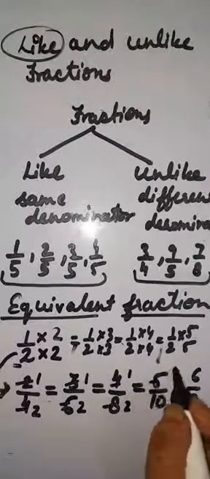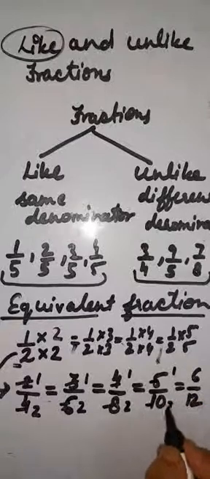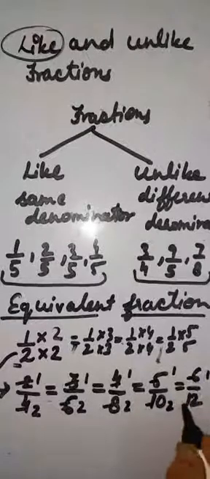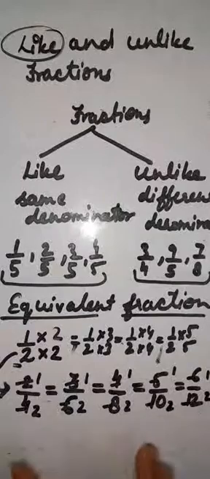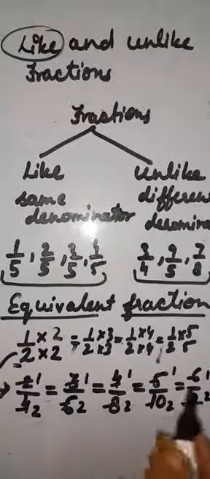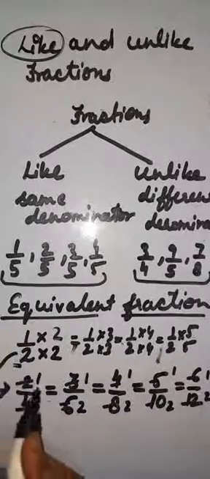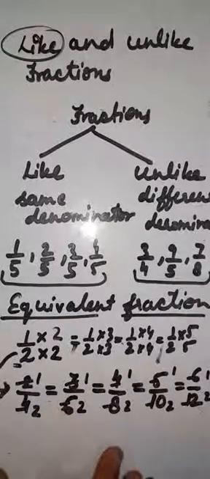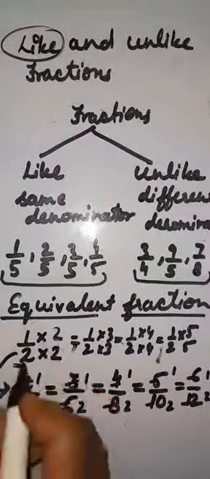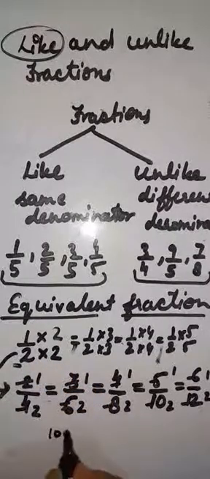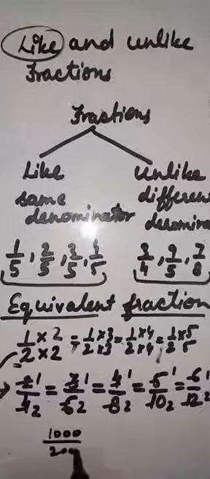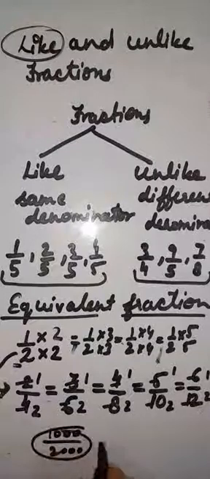Now 5 ones are 5, 5 twos are 10. 6 ones are 6, 6 twos are 12. So these are the equivalent fractions, and if you reduce them, your answer will be the same, 1 out of 2. All of these are 1 out of 2. An equivalent fraction of 1 out of 2 is 1000 out of 2000 also. If you reduce it, you will get the answer 1 out of 2.